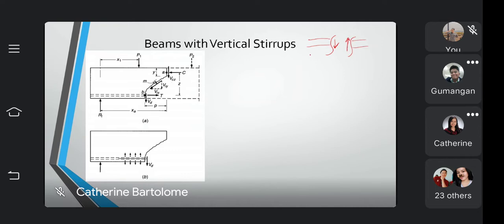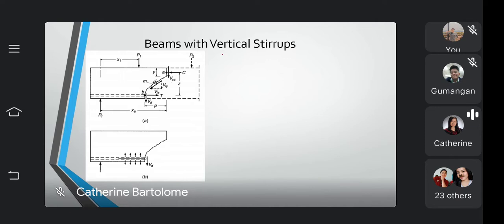Correct? So, magkakaroon tayo ng internal forces. So, let's say the beam cracks in this manner. Hindi naman actually straight line ang crack natin eh. So, we're on 45 degrees.